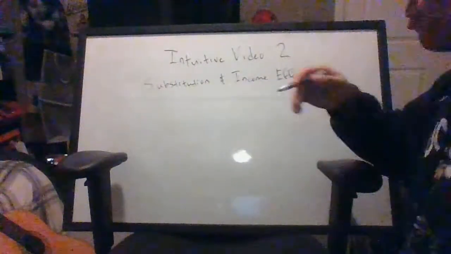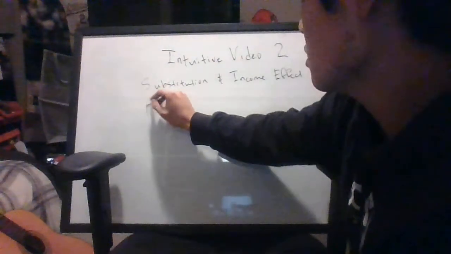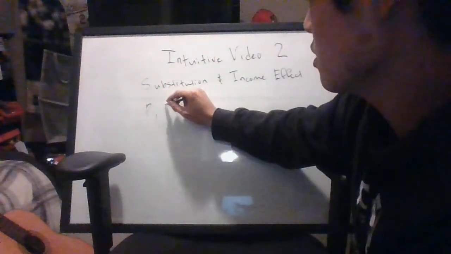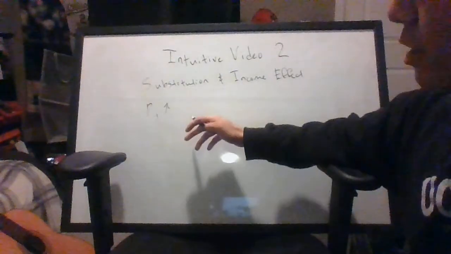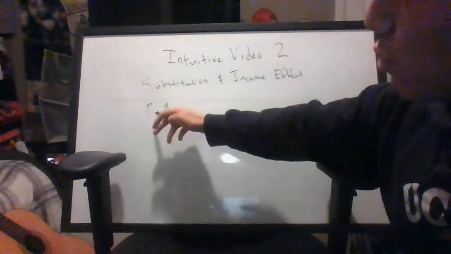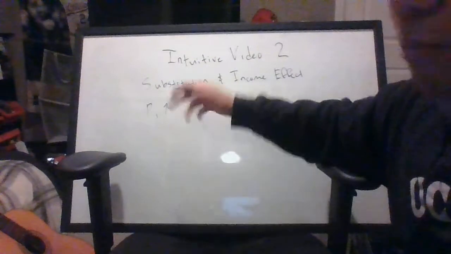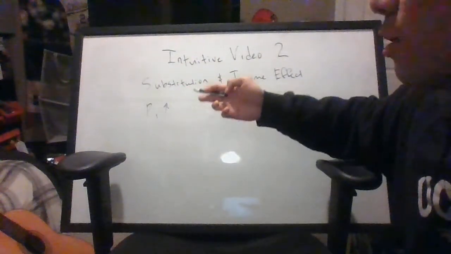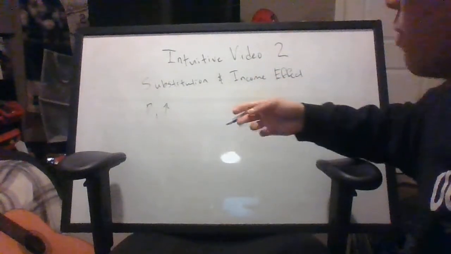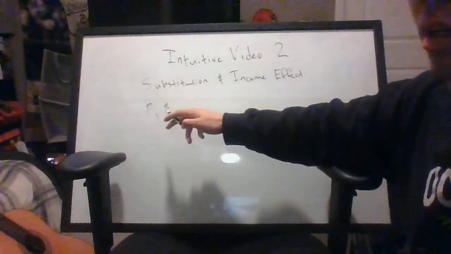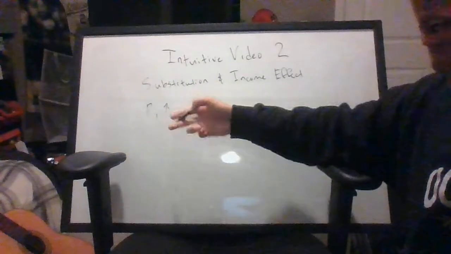So let's say that the price of good one increases. Well, there's two different things that are happening here, right? First off, good one is now more expensive than good two relative to what it was before, right? So it might not be more expensive in an absolute sense.